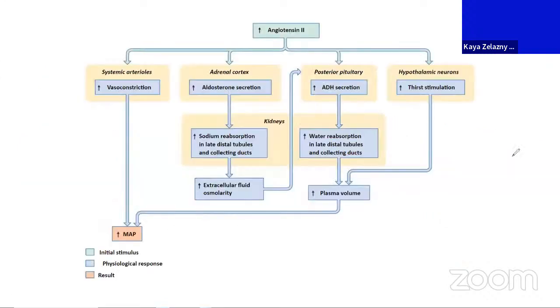I want to think for a second about the angiotensin 2, because it's in this flow chart. When we're thinking about the RAS system, we're thinking about the relationship between angiotensin 2 and aldosterone from the adrenal cortex. So here's our RAS.